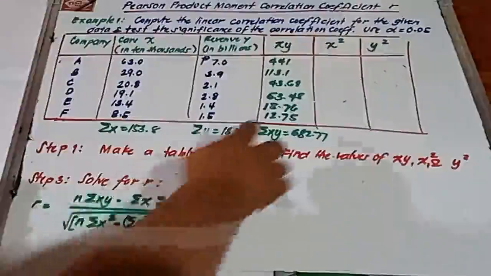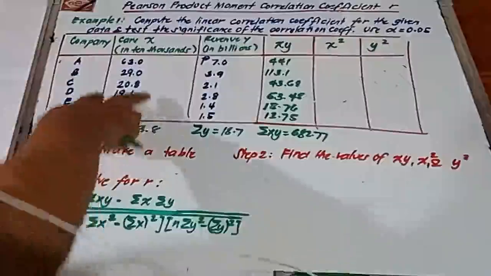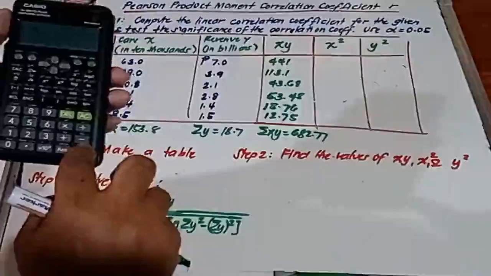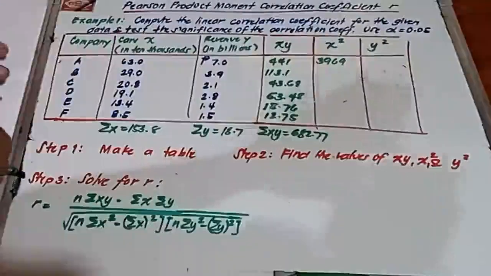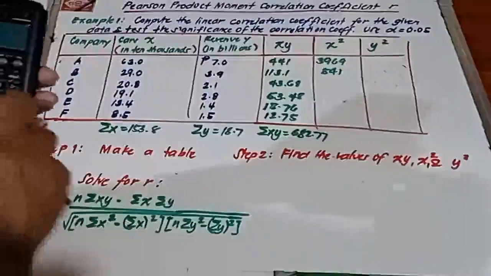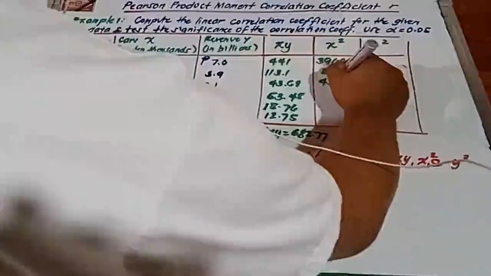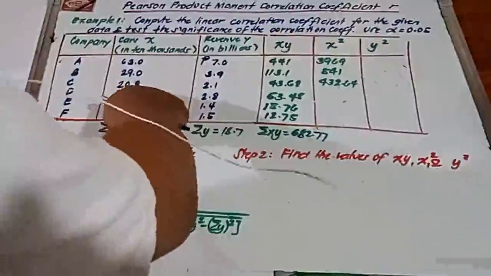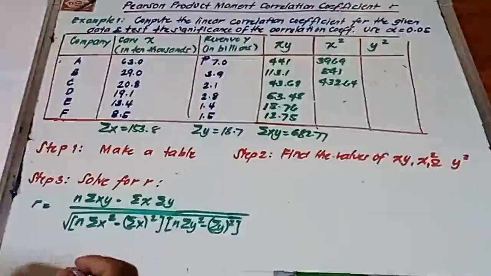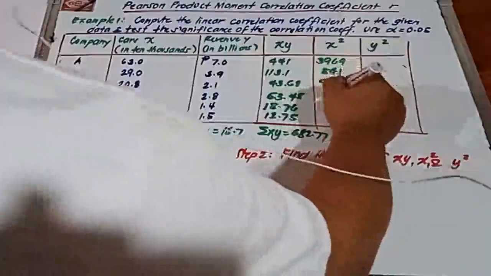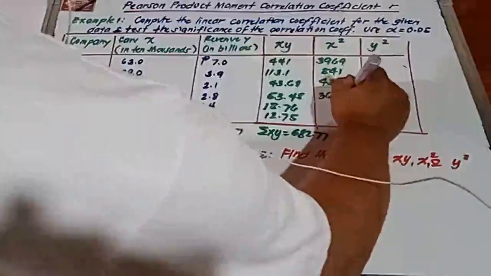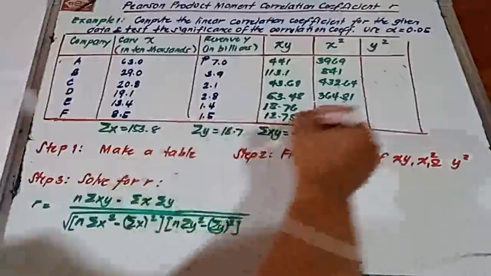Next, for x squared column, square lang natin to. We have 63 squared, that is 3969. 29 squared, 841. 20.8 squared, that is 432.64. We have 19.1 squared, 364.81. Then 13.4 squared, that is 179.56.